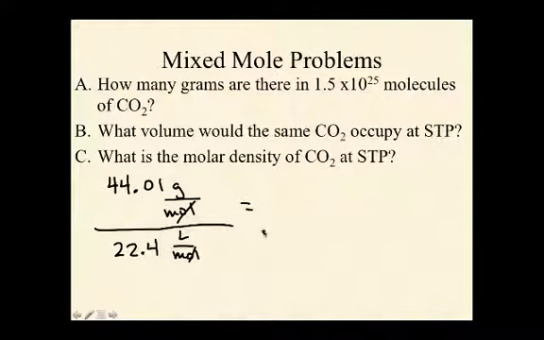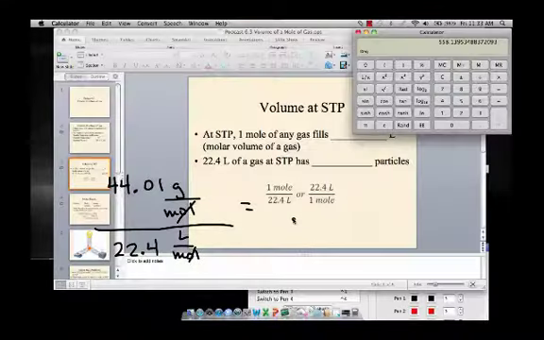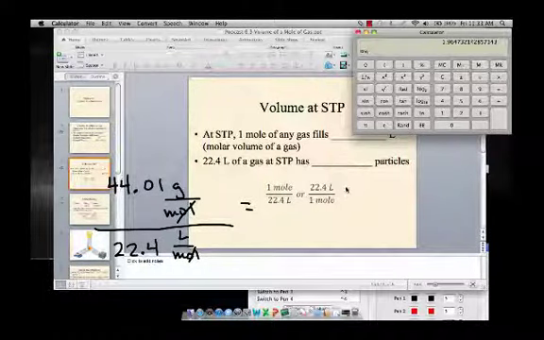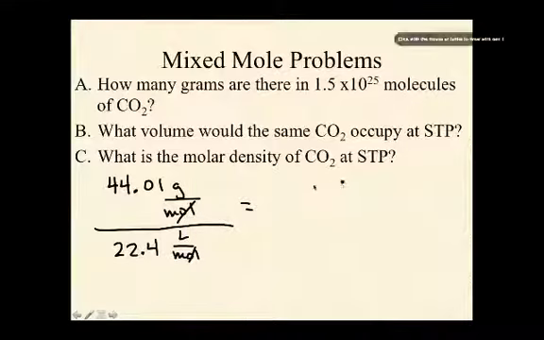And so 44 divided by 22 is half, right? Or 2? Yeah, 2. So let's see. 44.01 divided by 22.4. 1.96? Yep, pretty close to 2. Half, 2, whatever. How many sig figs? 3. 1.96 sounds good to me.